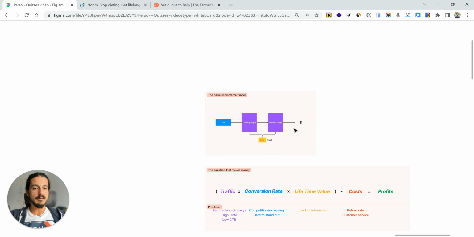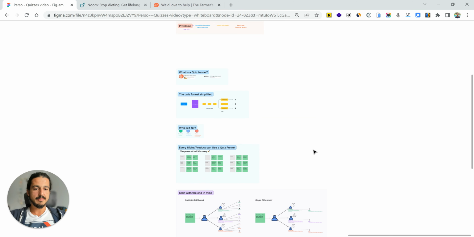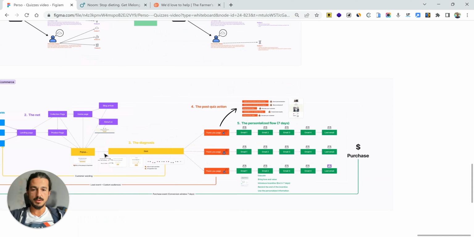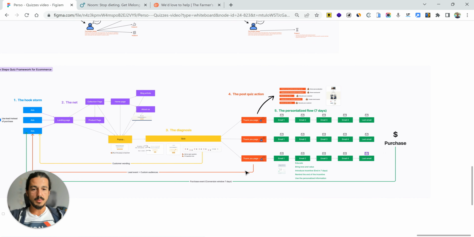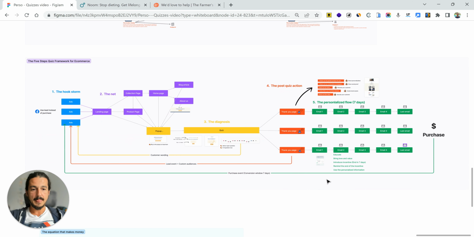Although obviously it depends on the product, right? If you have an awful product, then the best quiz funnel in the world won't sell it, or maybe will sell it, but then you will have refunds, and this is not what we want. So all of that works if you have a good product, obviously.